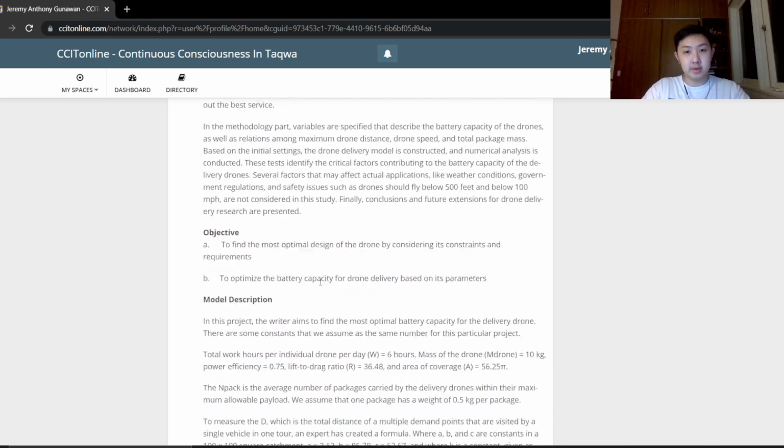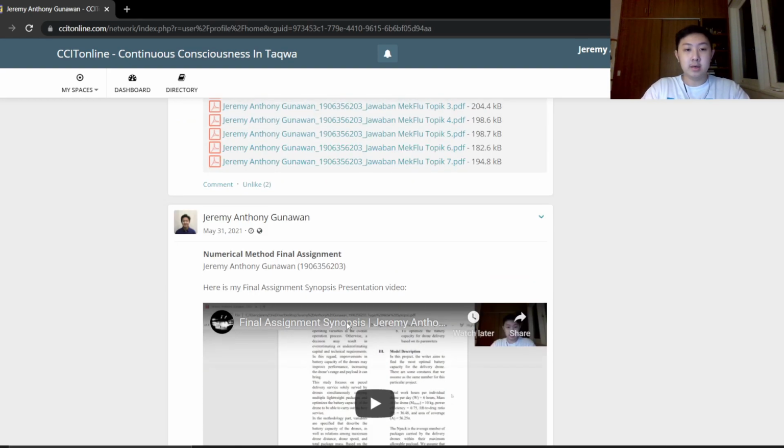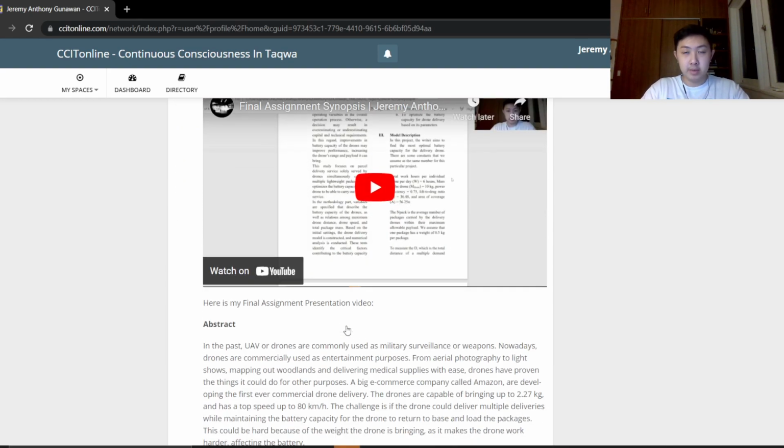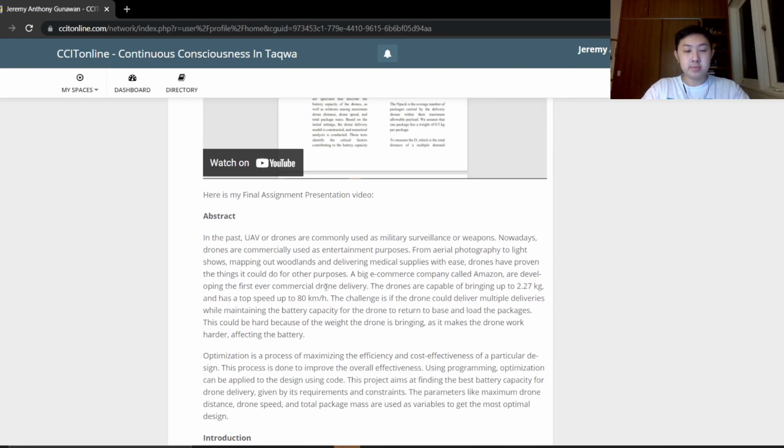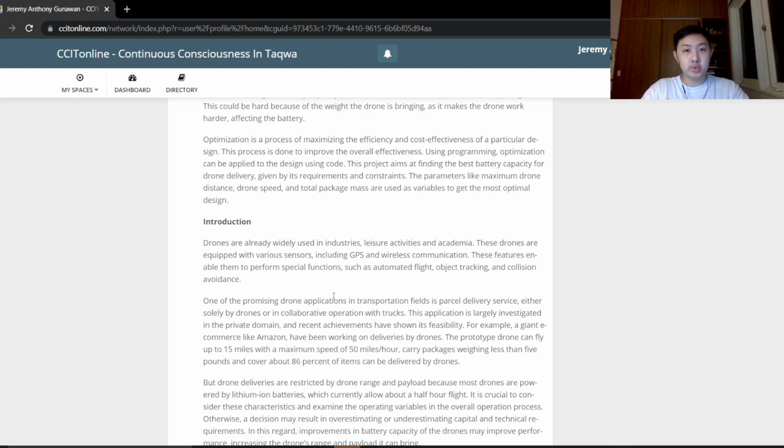My project is about optimizing the battery capacity of delivery drones. Drones nowadays are used for delivery purposes.